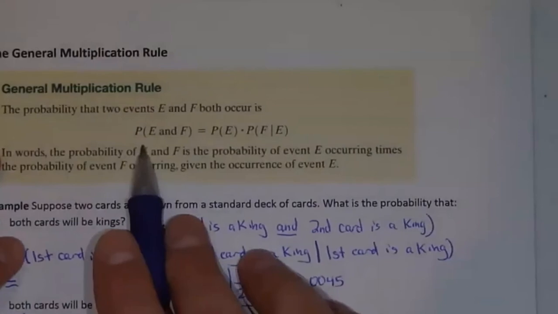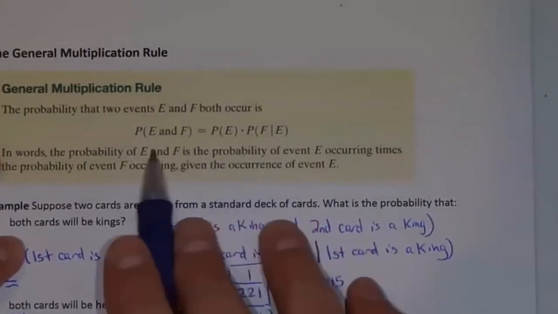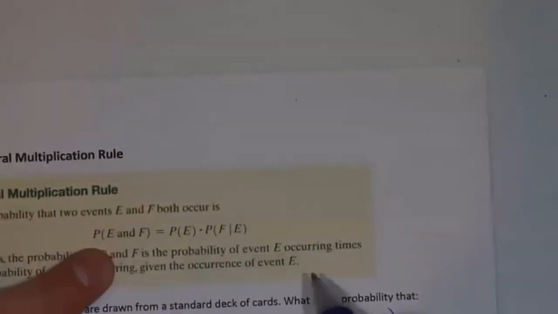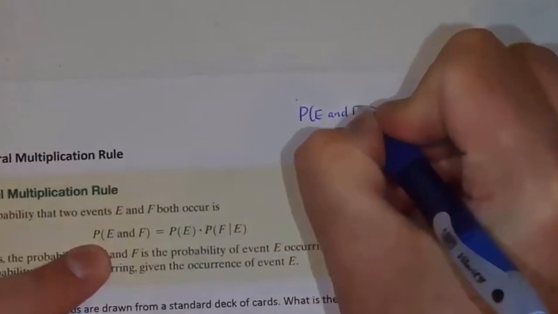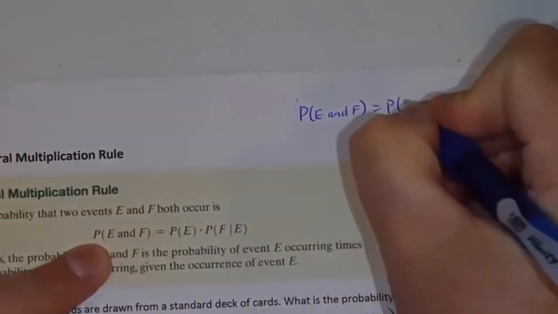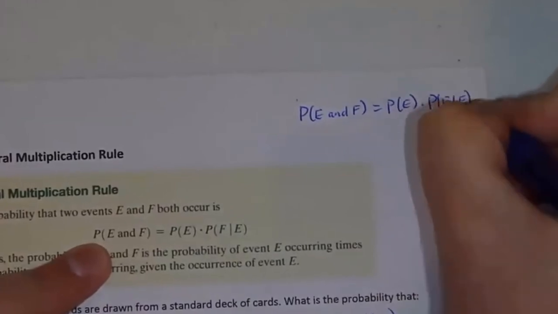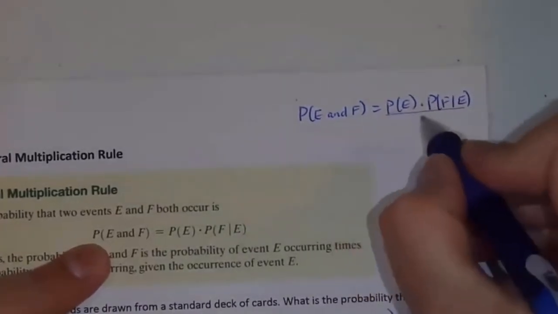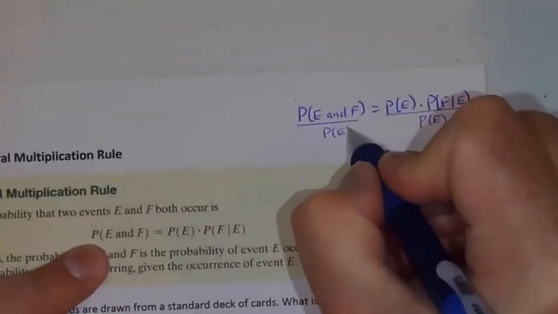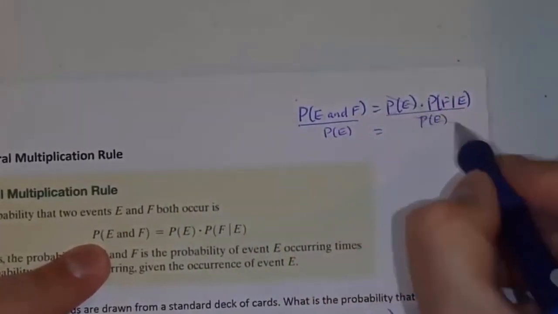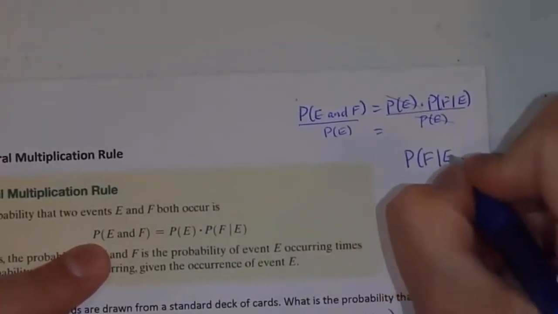So if I were to take this right here and solve it for P of F given E. In other words, if I take P of E and F equals P of E times P of F given E, and I divide both sides by P of E, then on the right-hand side, P of E would cancel, and I would be given P of F given E.